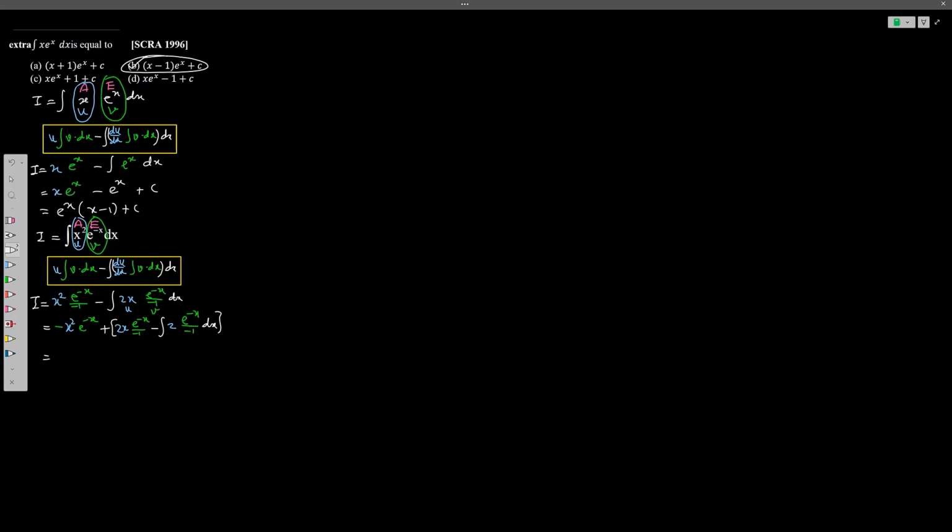So in further simplification, we'll get minus x square e raised to minus x, then minus 2x e raised to minus x plus 2 e raised to minus x integration, e raised to minus x upon minus 1 plus c, or we can say your last term will become minus 2 e raised to minus x plus c.